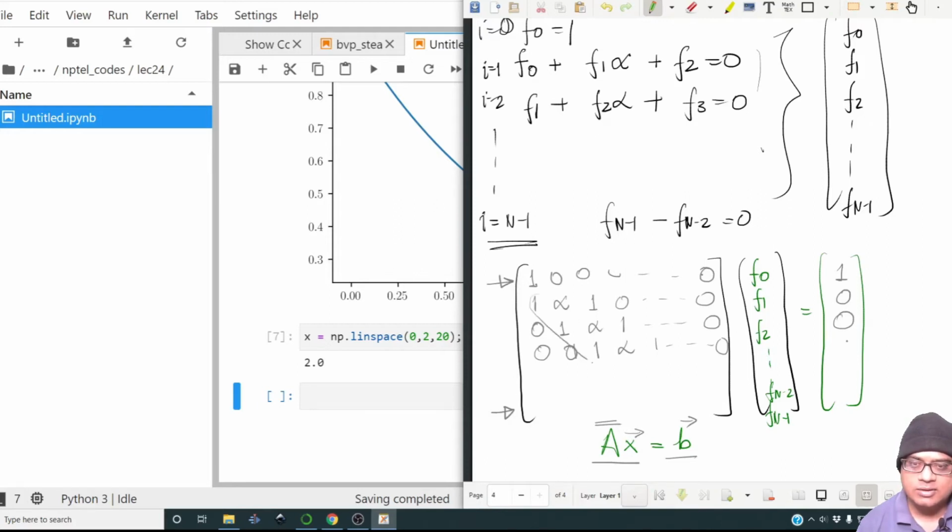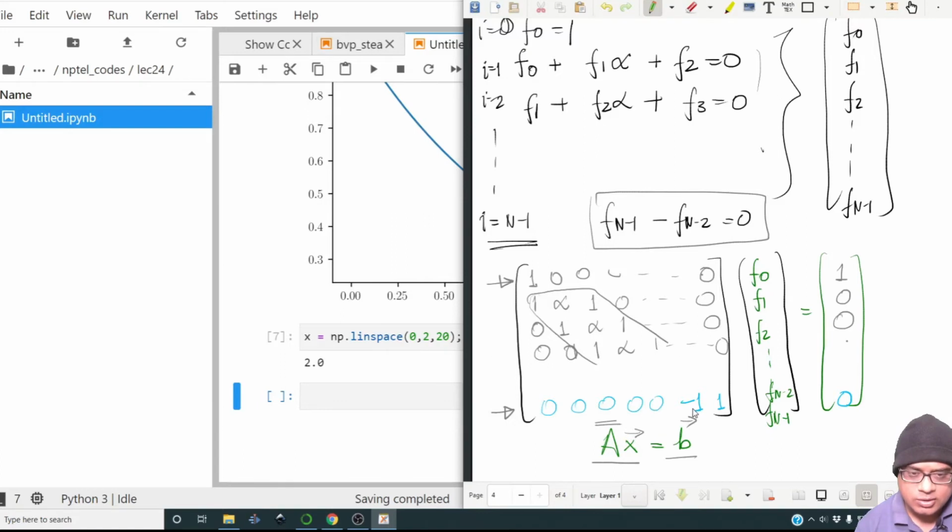This tridiagonal set keeps on continuing up until the last node, where we have a backward difference to take care of. The backward difference in this case is quite simple. It simply implies f(n-1) equal to f(n-2). So this is minus 1 over here, and this is 1, and this is equal to 0. All the others are going to be 0.